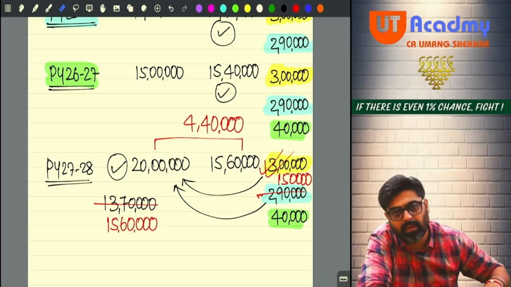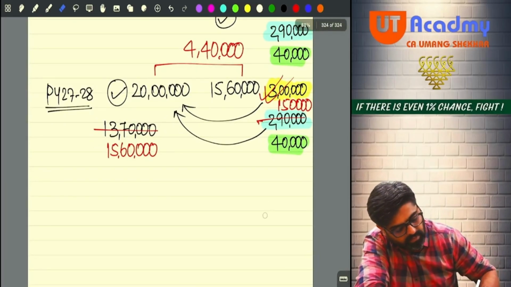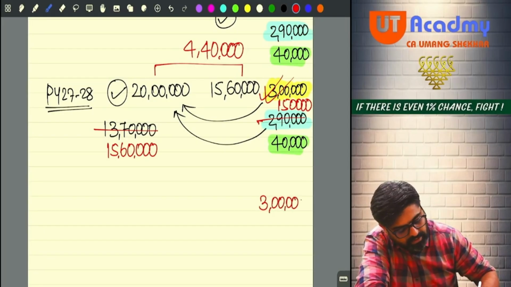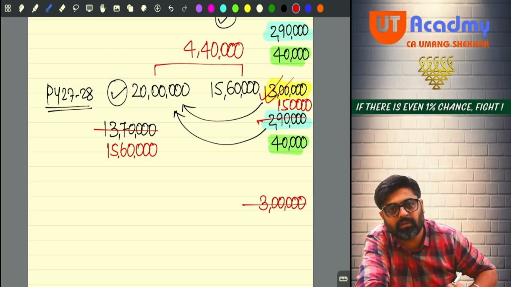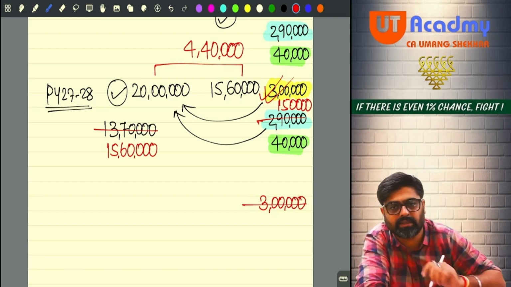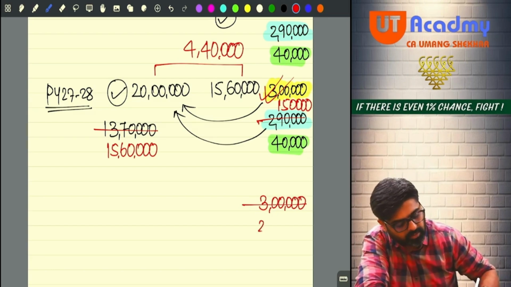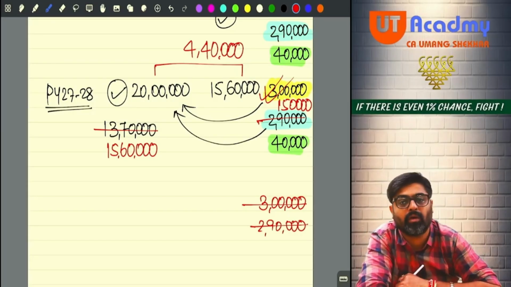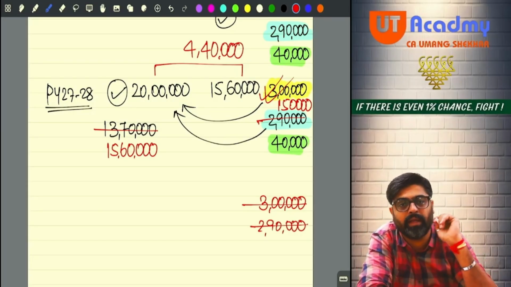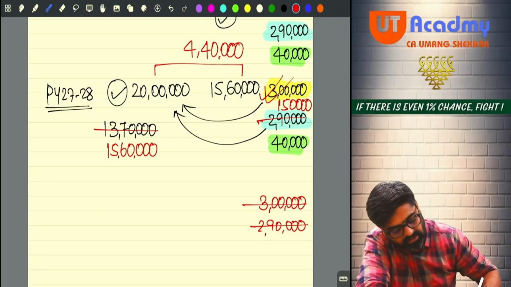Now in the next year, you were supposed to carry forward this 3 lakhs. But did you adjust this entire 3 lakhs? Yes. Don't carry forward because it is already adjusted. Now you were supposed to carry forward 290 also. Don't carry forward 290 because out of 290, 140 you have already adjusted last year. So how much remains? Only 150 will remain. That you carry forward.